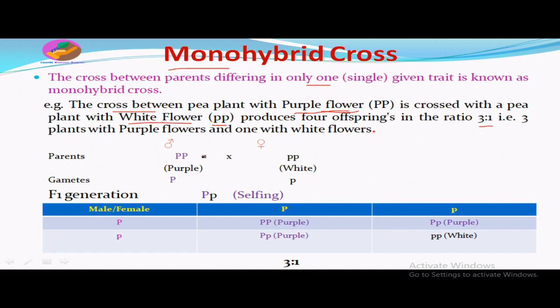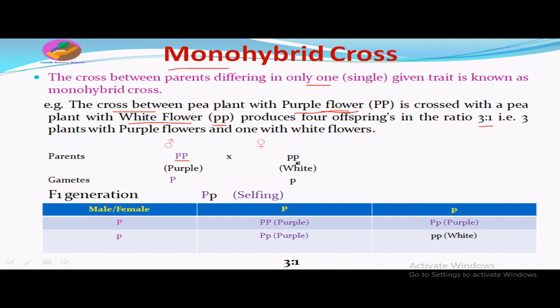We can get an idea from this explanation. Parents here: capital P, and here another parent, small p. Consider this a male and this a female. This particular parent has purple flowers, which is the dominant trait, and it is homozygous, a pure line.